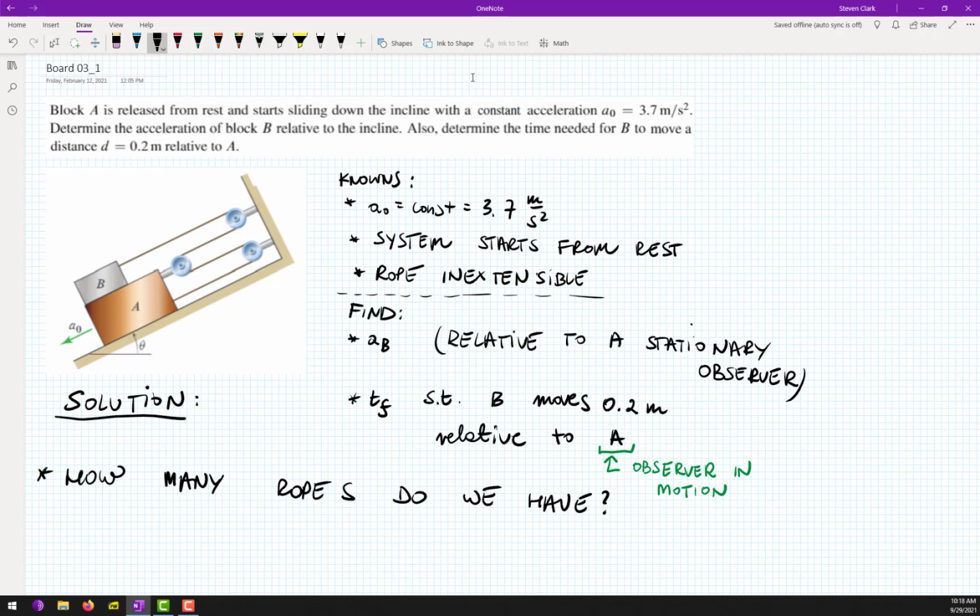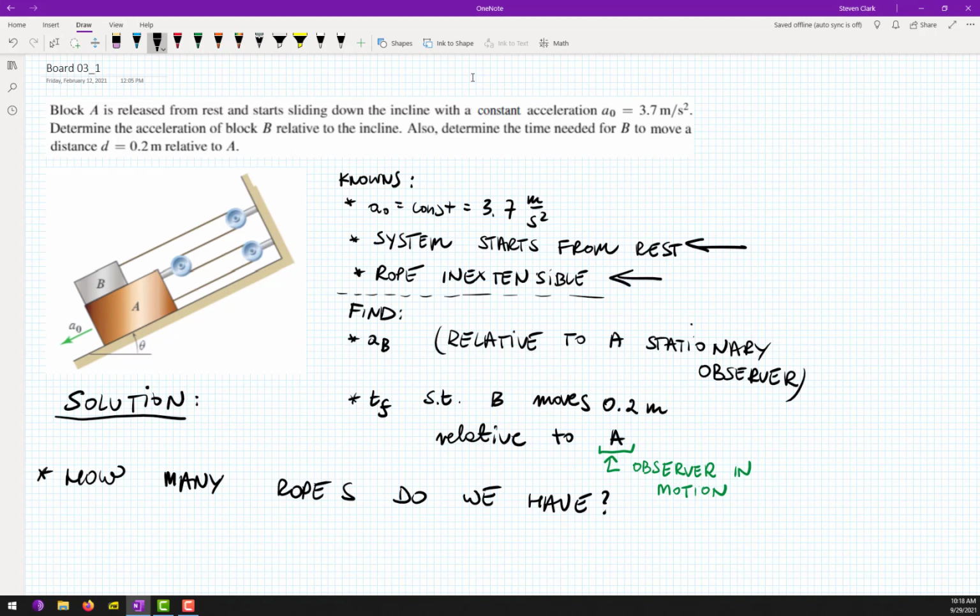Okay, so what do we have in here? We have two blocks, block B and block A, and I believe that we know the acceleration of block A or point A. We are going to model those blocks as points, as particles. We also know that the system starts from rest, and that the ropes are inextensible, okay?